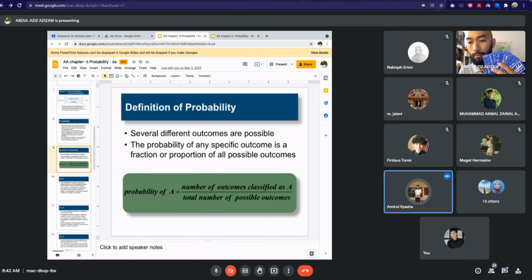Around 1.85%. Yes, kita bahagikan 1 bahagi 54. Kebarangkalian untuk kita dapat satu spade adalah 1 daripada 54. Faham? Good.